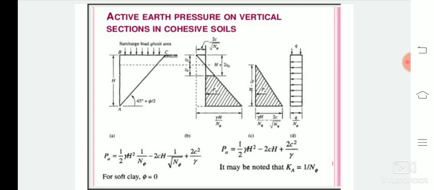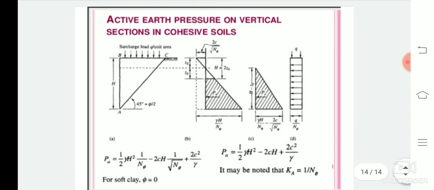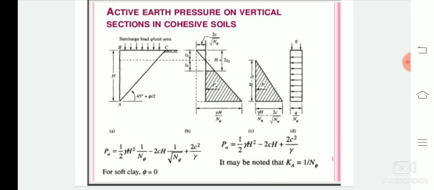But as there is a certain amount of pressure acting in a negative direction, a tension crack usually develops in the soil near the top of the wall up to a depth of Z0. Also, the total net pressure up to the depth Z0 is 0. That means that a cohesive soil should be able to stand with a vertical face up to a depth of 2 into Z0 without any lateral support.